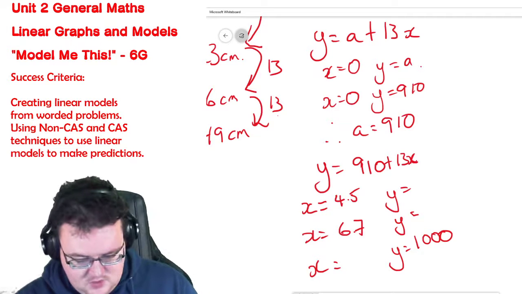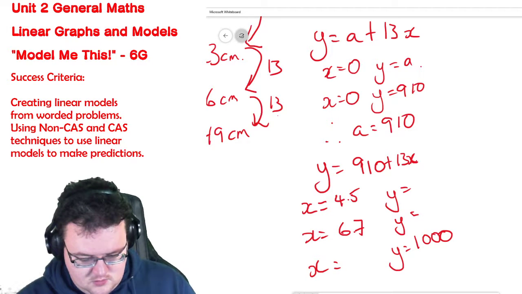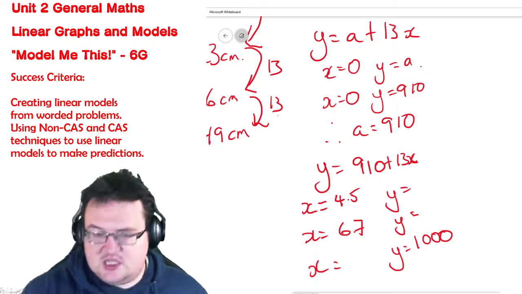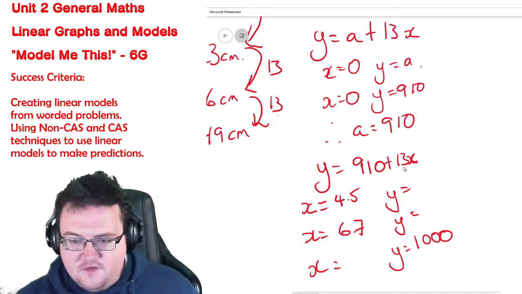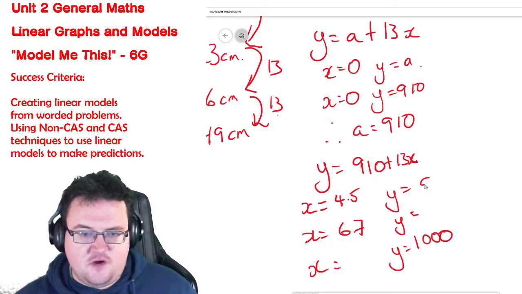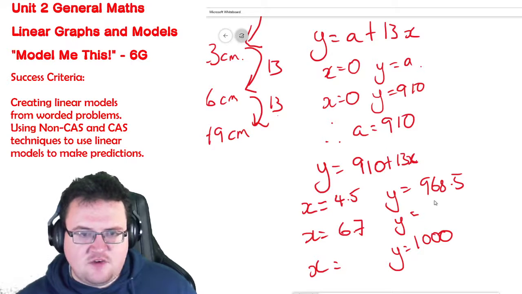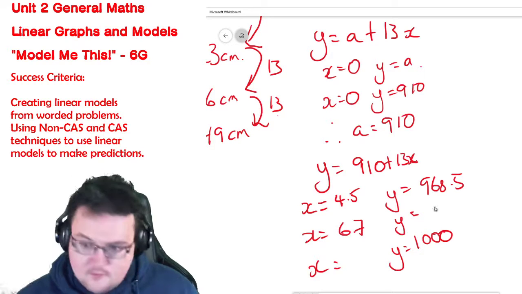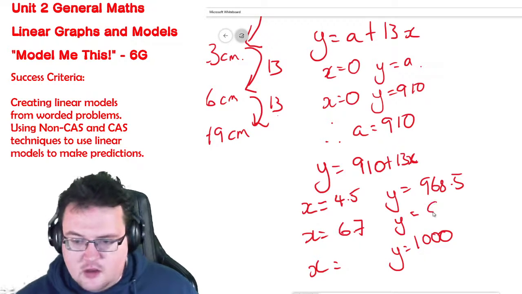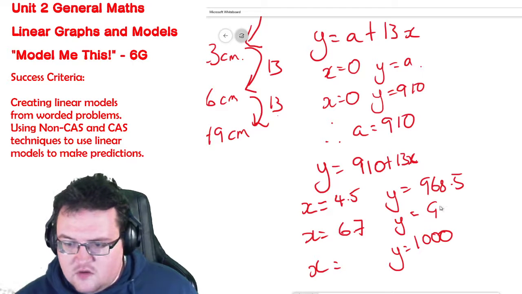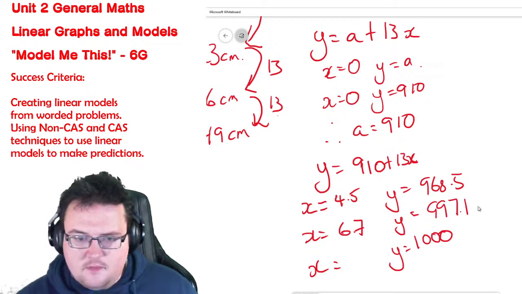Yep, so I got the same answer. When it's 4.5, it's 968.5. When it's 6.7, what do we got there? 997.1.